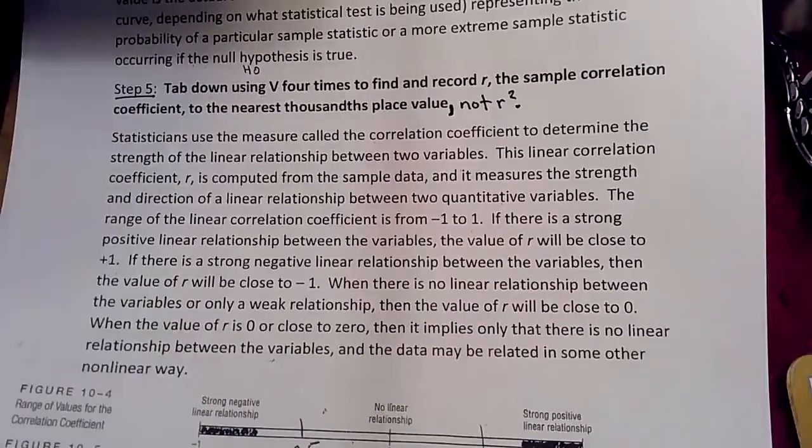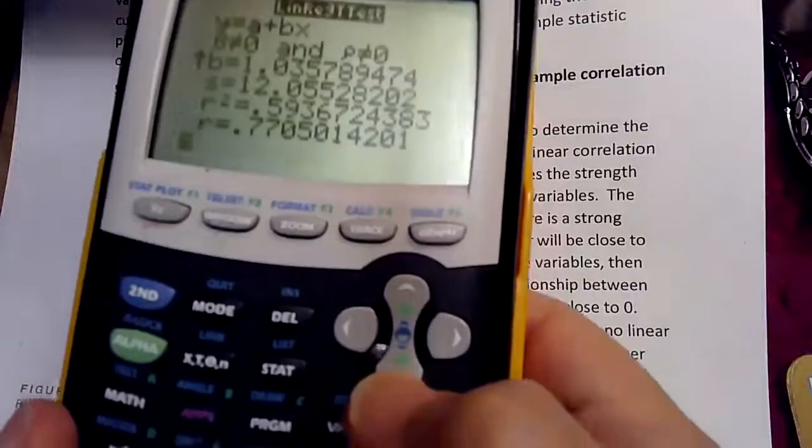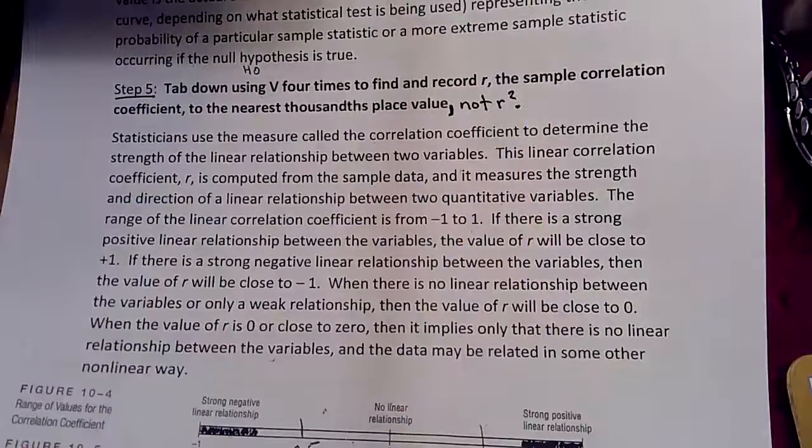So I think I'm going to actually go to number 5 instead and read this. Okay. So it says, so you would tap down about 4 times, and we did that. Remember, we went down with this arrow about 4 times to find and record the R, which is the sample correlation coefficient, to the nearest thousandths place value. So you want R, not R squared.